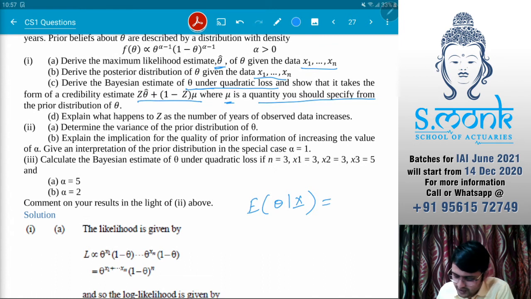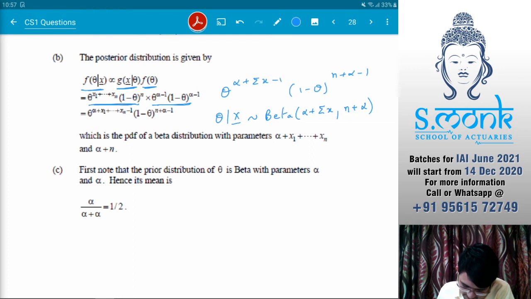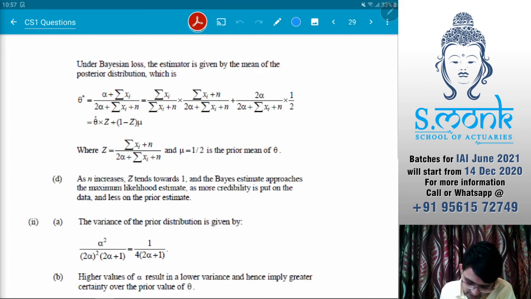The mean for a beta distribution is nothing but alpha upon alpha plus beta. So we'll use that. First of all, for the prior, they have also calculated the mean. And then under the Bayesian loss function, again alpha upon alpha plus beta.